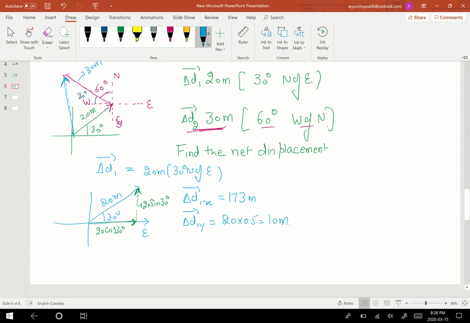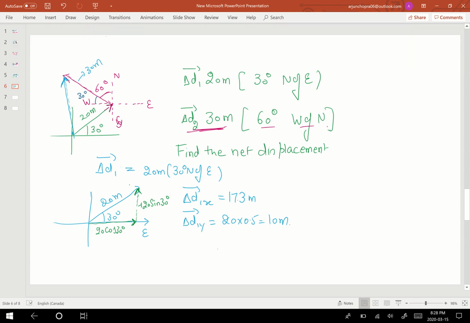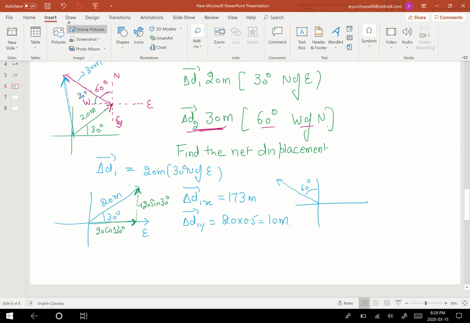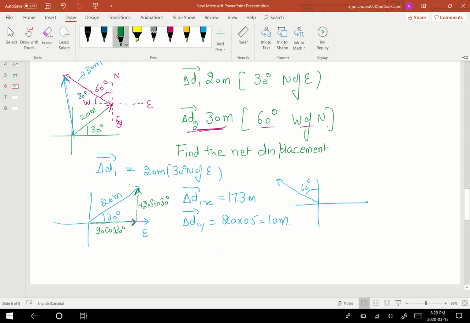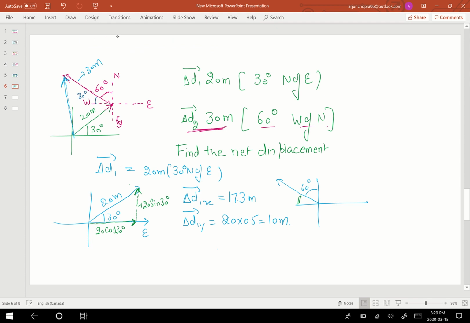Now I'm gonna draw d2 on the navigation system. So d2 is 30 meters, 60 degrees west of north. So this is the angle given to me. Whenever the angle is given with respect to the vertical axis, I like to change it with respect to the horizontal axis, because it makes my life very easy.